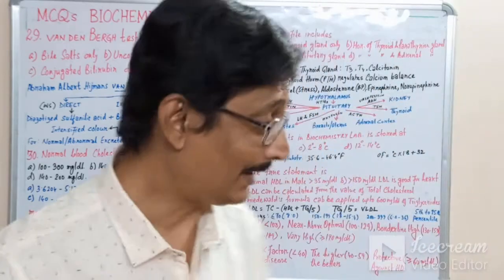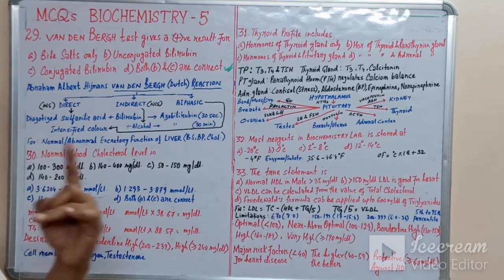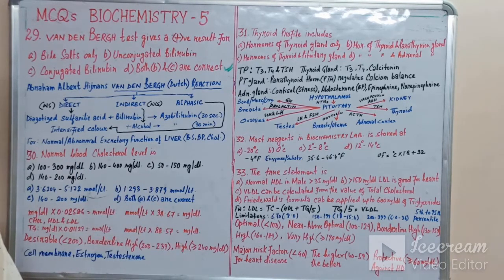Now you have to remember that the desirable cholesterol level in human plasma is less than 200, but never go for the myth of zero cholesterol, because cholesterol has a great role in your body to form all the cell membranes and hormones like estrogen, testosterone and many other things.